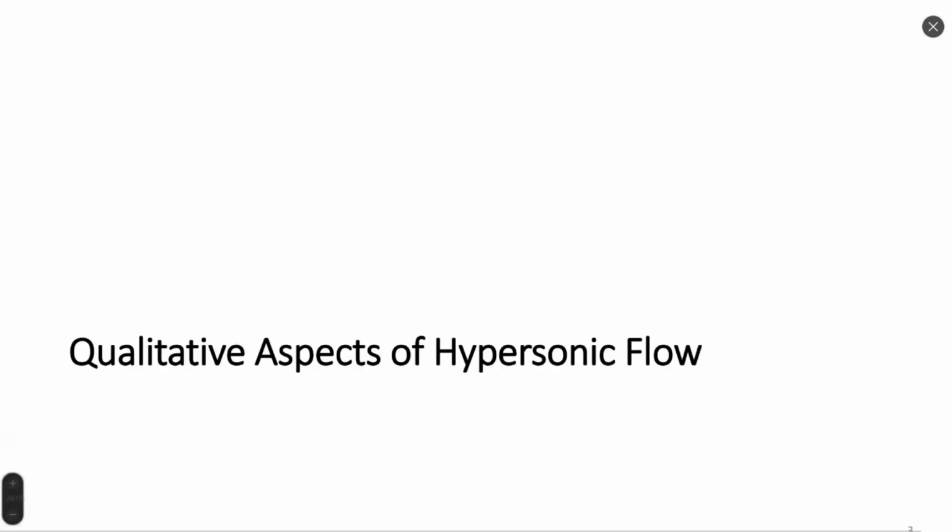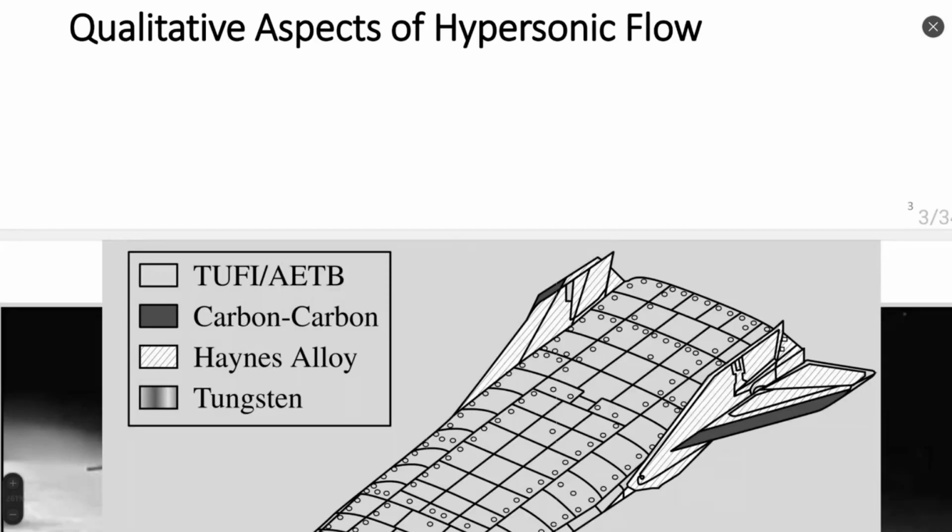There are two aspects which Anderson presents in this chapter: qualitative aspects, where we discuss flow structure, and quantitative aspects, where we discuss the values and models of flow.